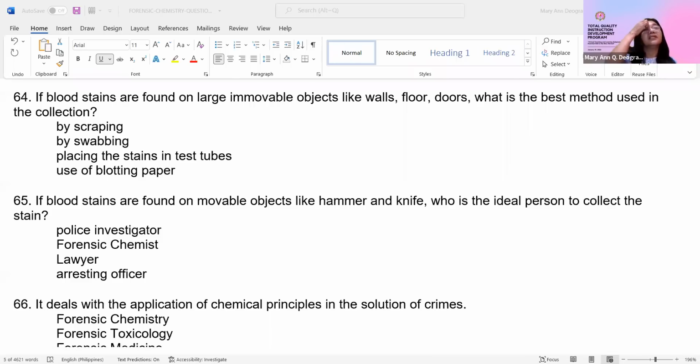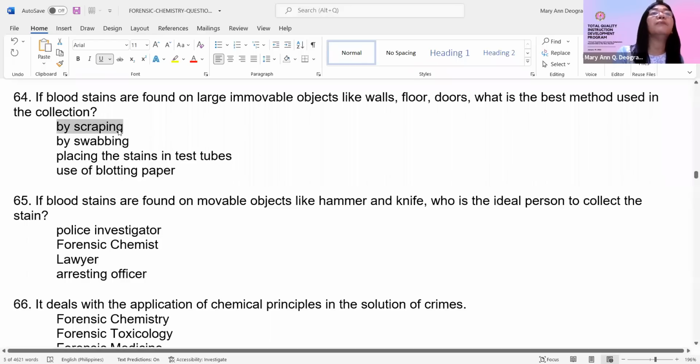Tignan natin. Letter A. Okay, scraping yan, guys. Ang swabbing is pagka, okay. So, scraping ang sagot. Ano ang sinuswab? Yan, nalito na kayo dyan. So, this is done by scraping.